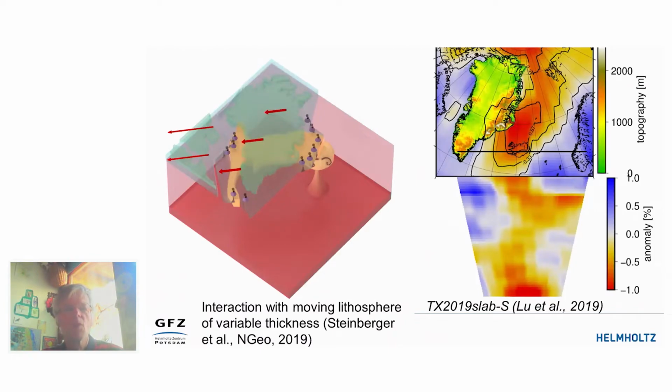Even more complicated is Iceland. You don't see any real track here, but you find volcanism on the west side of Greenland and on the east side of Greenland, and we have written a paper trying to explain this through the interaction of a plume with a moving lithosphere of variable thickness. The idea is basically that the plume was for a long time under thick lithosphere and a lot of material accumulated.